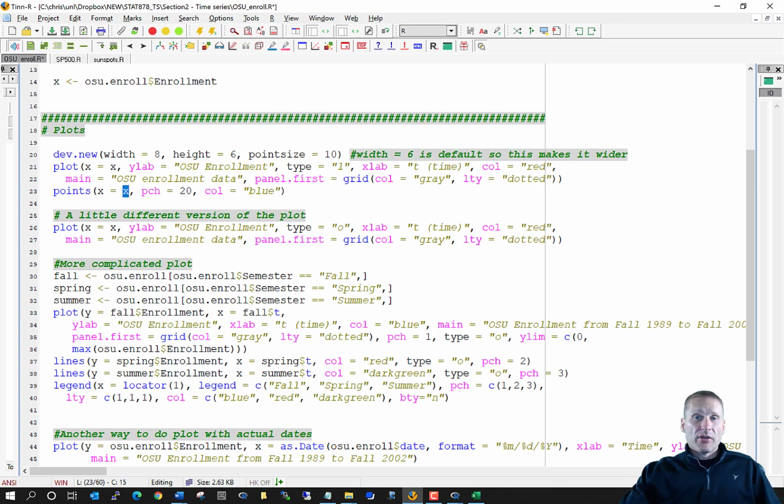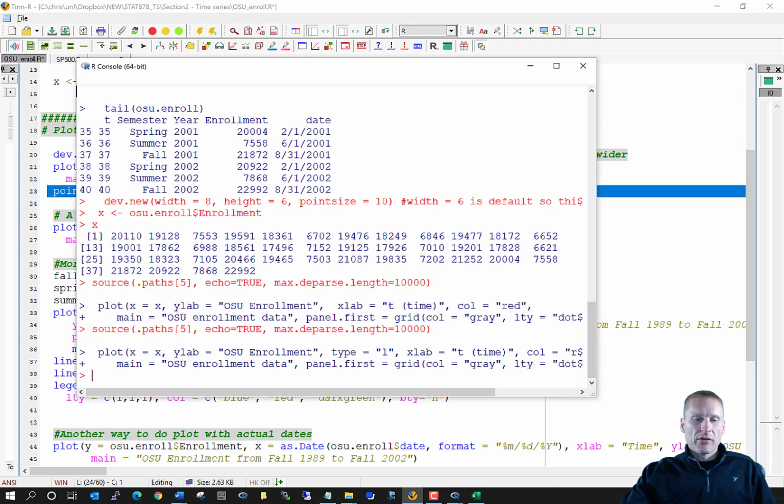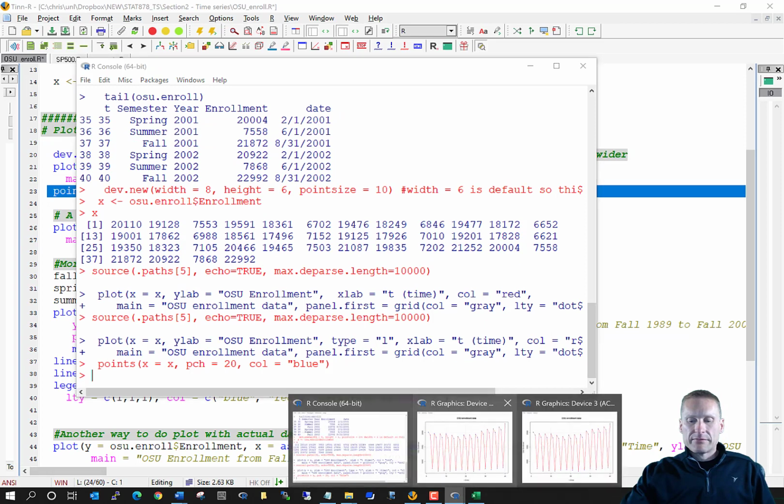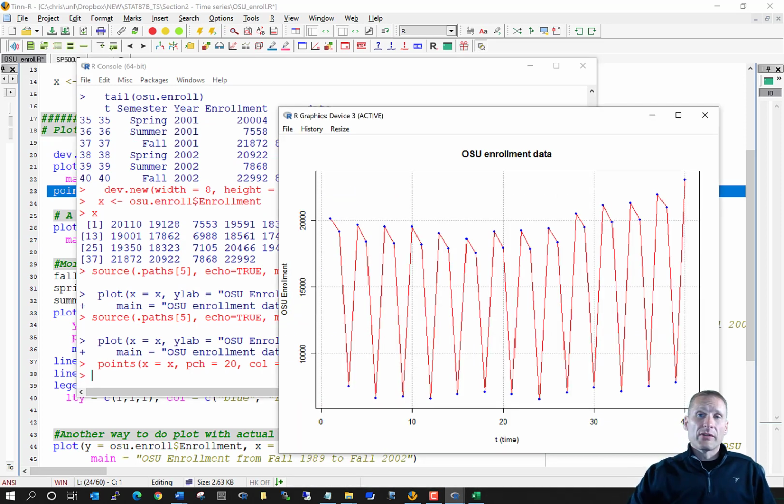X argument, just put in x like what we had before. I'm going to use a plotting character 20. This just simply corresponds to a filled in dot. And I want the color of these plotting points to be blue to differentiate them from the red lines on the plot. So R then simply is going to add those points to the plot.